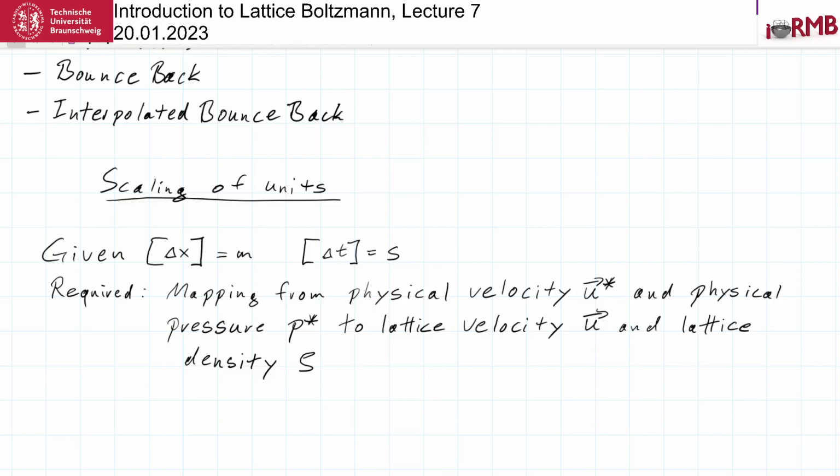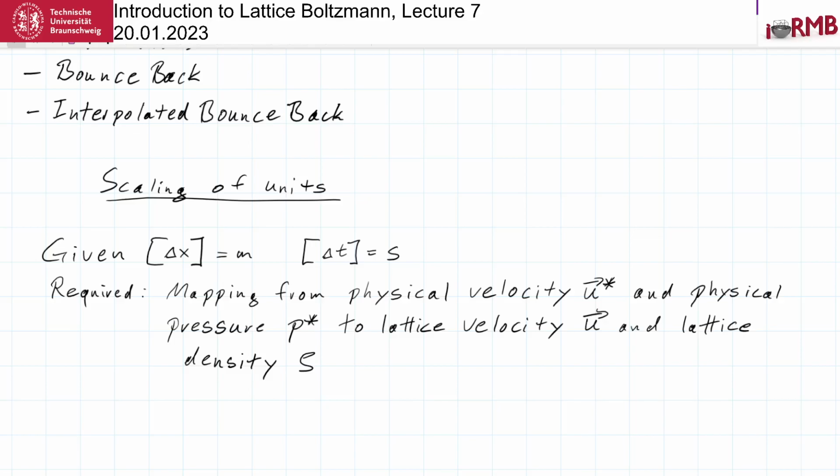We're always using the so-called lattice units, which are given by the grid spacing delta x, which of course is given in meters. The brackets mean this is the unit of delta x, and delta t, which is given in seconds.